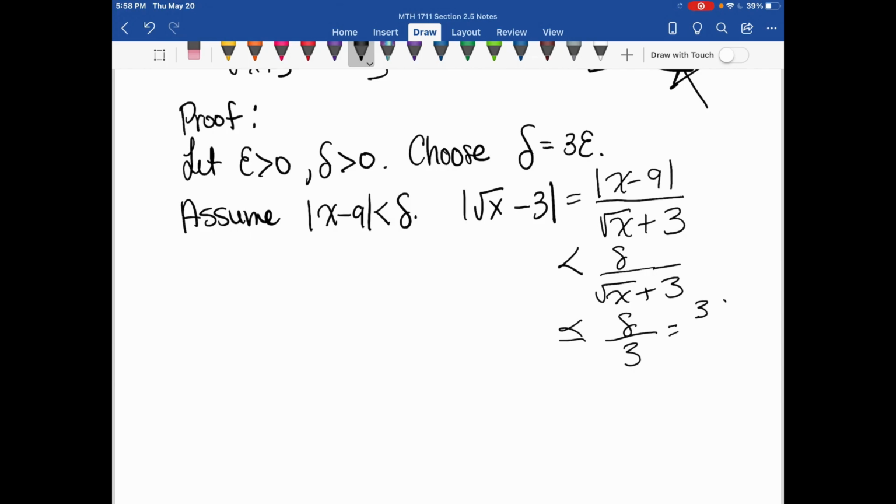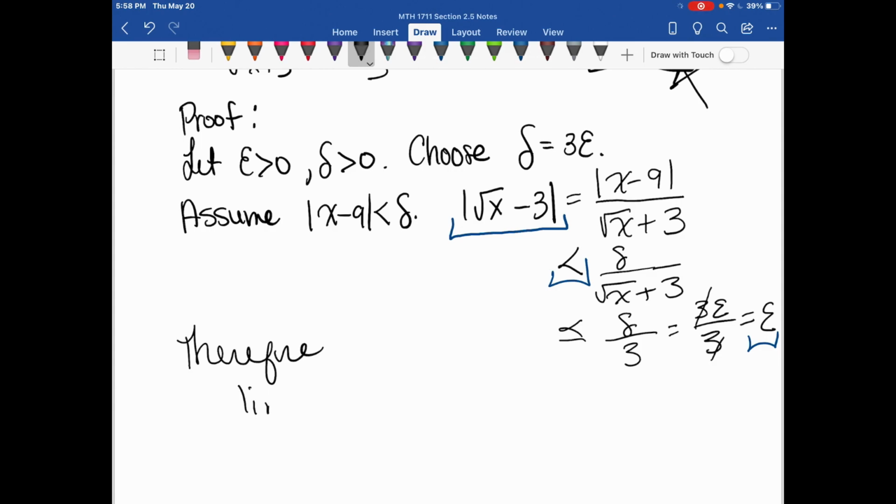And if I replace delta with 3 epsilon, I get 3 epsilon over 3, which is epsilon. So we just showed that the absolute value of the square root of x minus 3 is less than epsilon. So then we can write our conclusion and say, therefore, the limit as x approaches 9 of the square root of x is equal to 3. And we are done with that proof.